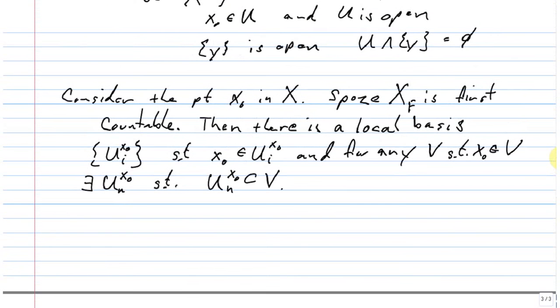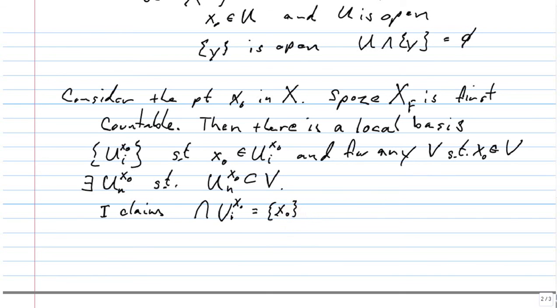And I've seen a few different ways to do this, so if you didn't do it this way, that's fine. So I claim, and you should verify this, that if I intersect all of these U_i of x naught, since this is a Hausdorff space, the only thing that's in the intersection of all of the sets in the local basis is x naught.